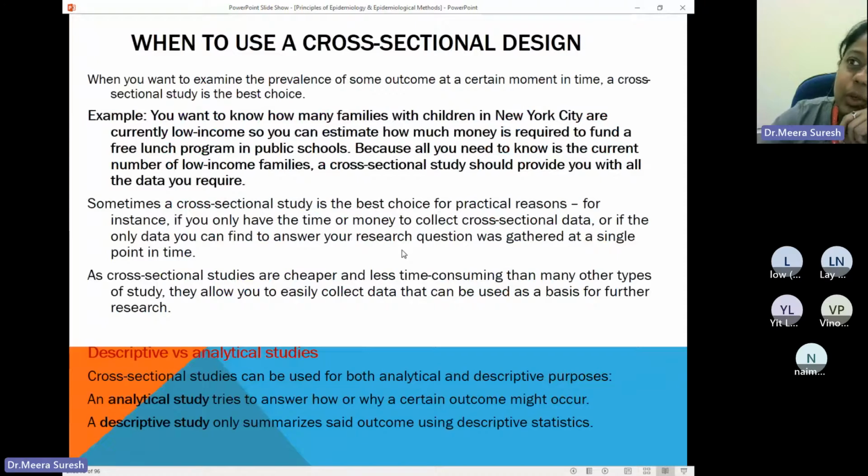And suppose one of you, I'm just saying an example, decided to contribute something like food. It's actually a potluck over there. So one of you decided to bring some item. So you need to know how many people are attending. So that particular moment, that number, is the single thing you want to know.